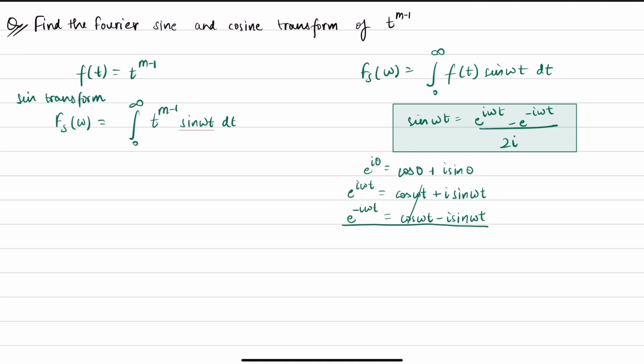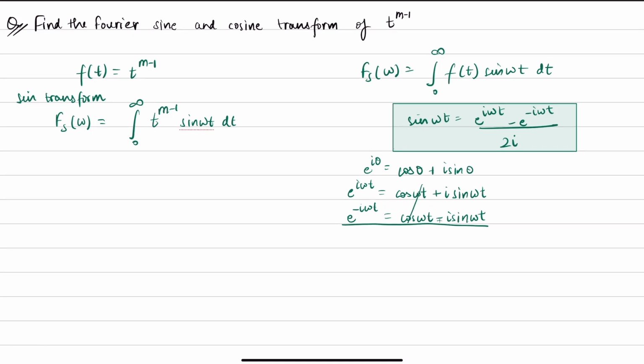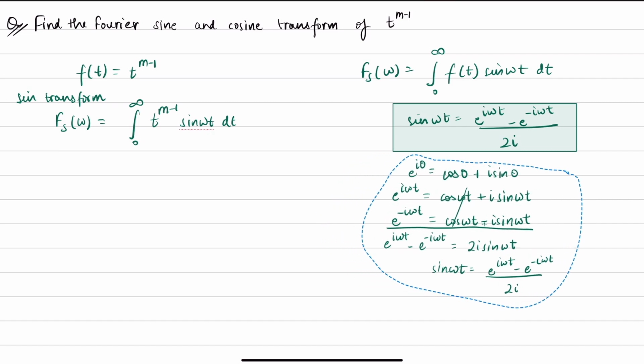Cos ωt will get cancelled, the minus will become plus, so it will be e^(iωt) - e^(-iωt) equals 2i sin ωt. So we get a formula from here: sin ωt equals (e^(iωt) - e^(-iωt)) divided by 2i.